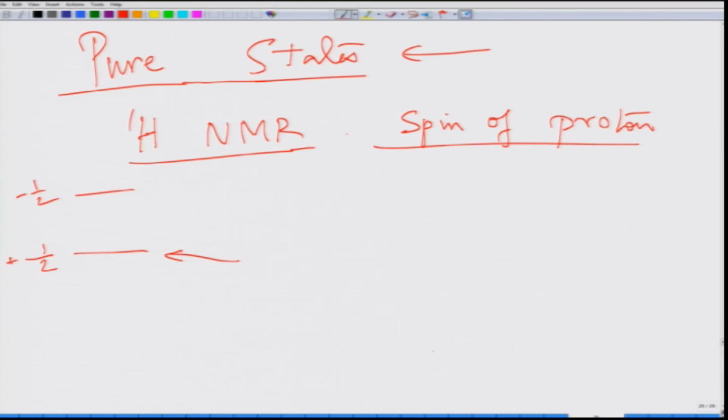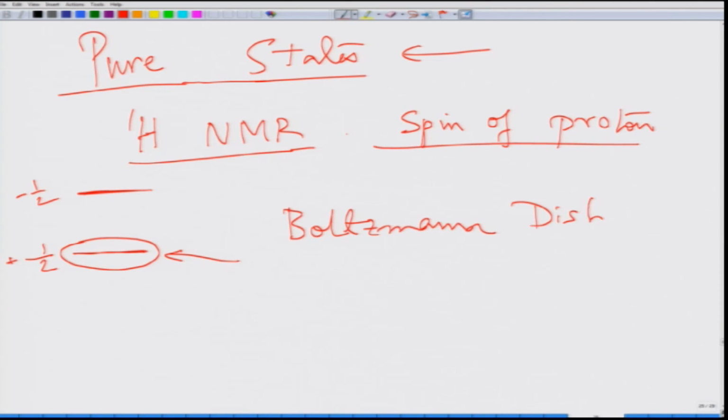There is some probability; we will have a population of states which are here, and then certain other populations of states which are there. Okay. Typically, we know that there is something called the Boltzmann distribution.